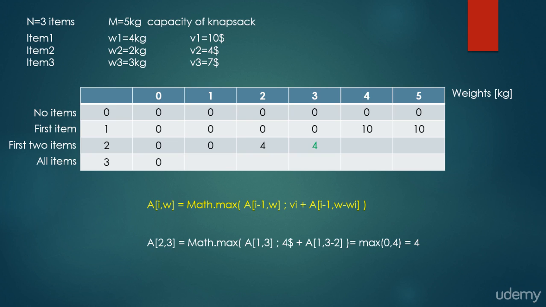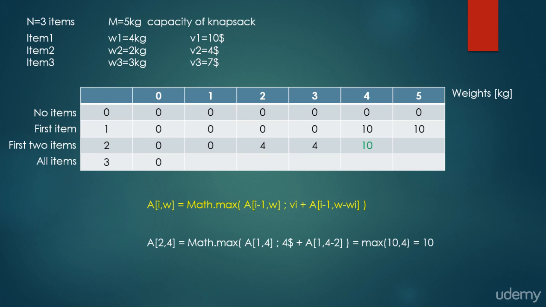So $4 plus the value in the lookup table with row index 1, column index 3 minus 1. If we look it up, we come to the conclusion that it is 0, so $4 plus 0 is equal to 4. We have to decide whether 0 or 4 is greater. We come to the conclusion easily that 4 is the integer we are looking for, so we put it into the right place. Okay, the next one is 10.